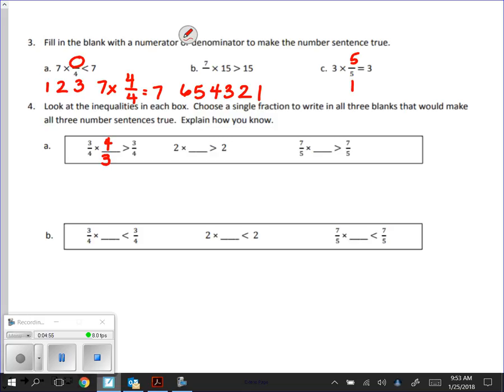What would you put in there? You could put 5/4. What would you put, Bailey? I put 3/2. 3/2. I mean, keep it simple.